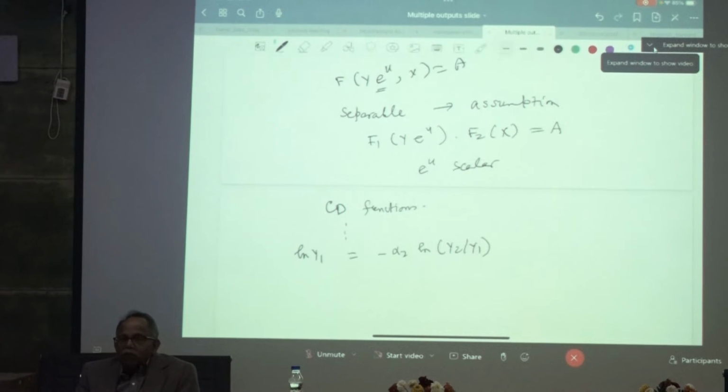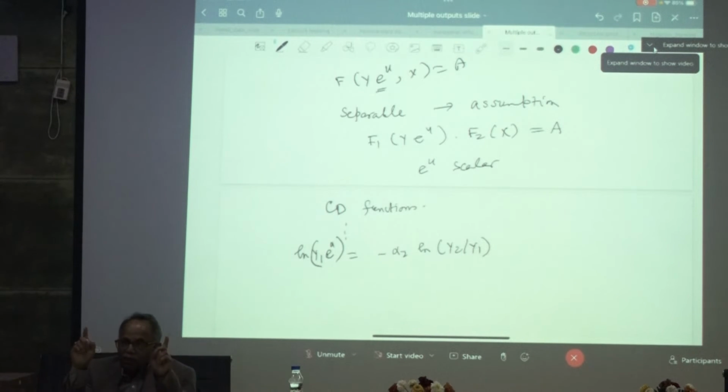Do you think inefficiency is going to be affecting the ratio? If each and every output is reduced by 10%, what will happen to the ratio? The ratio remains the same. So although I'm replacing y by y times e to the power u, the ratio is not affected by this. And this one is going to be like this.